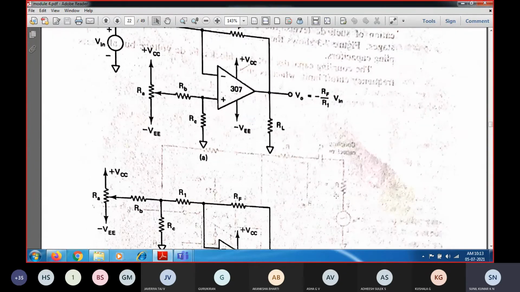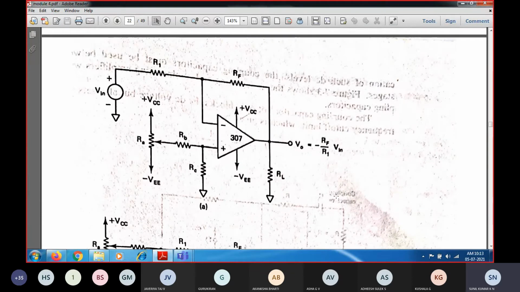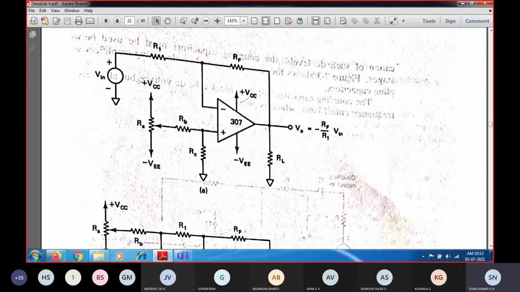Now, coming to another set of operational amplifiers, where we are not providing any offset nulling terminals in the IC itself. Then, in order to nullify the offset voltage, what are we going to do? We are going to design an offset voltage compensating network, so that the offset voltage is nullified, or made equal to 0.